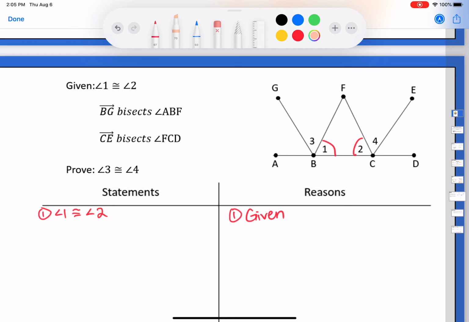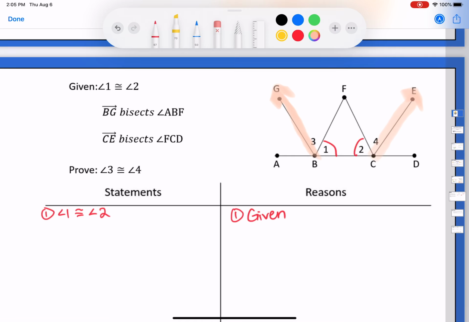I got that one already picked. Okay, so this is bisecting ABF. This is bisecting FCD. Okay. My job is to prove that angle 3 is congruent to angle 4. I'm going to highlight those two. I'm trying to prove these two angles right here are congruent.